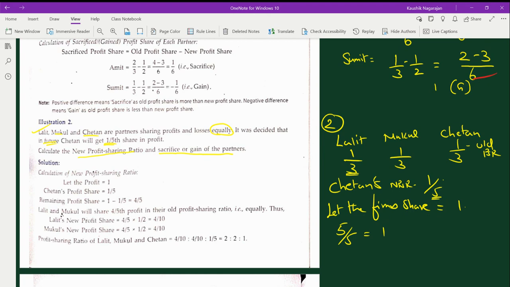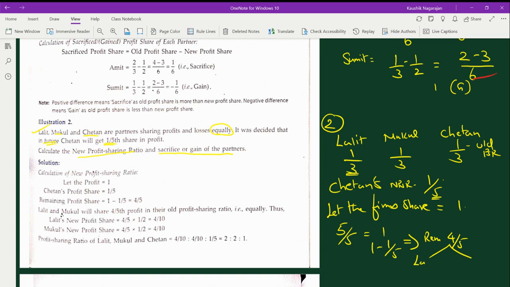In this entire firm share of 1, if I give away 1 by 5 to Chetan, then the remaining will be 4 by 5. In this remaining 4/5 only, Lalit and Mukul can have their share of profits.